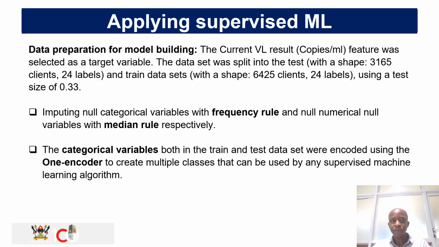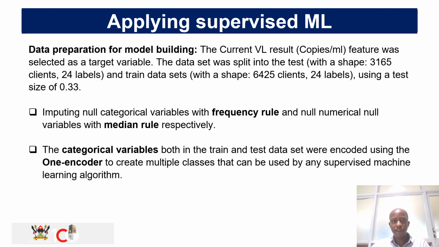Well, applying supervised machine learning, of course, we had to perform data preparation to model. So the current VA result was selected as the target variable, and the data set was split in the ratio of 0.33 size.